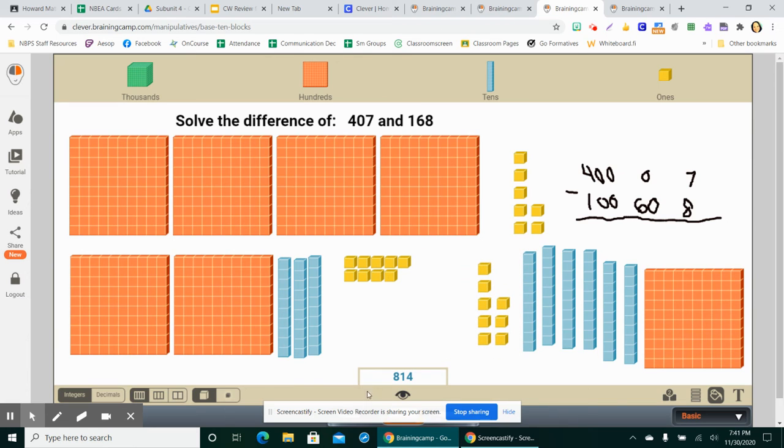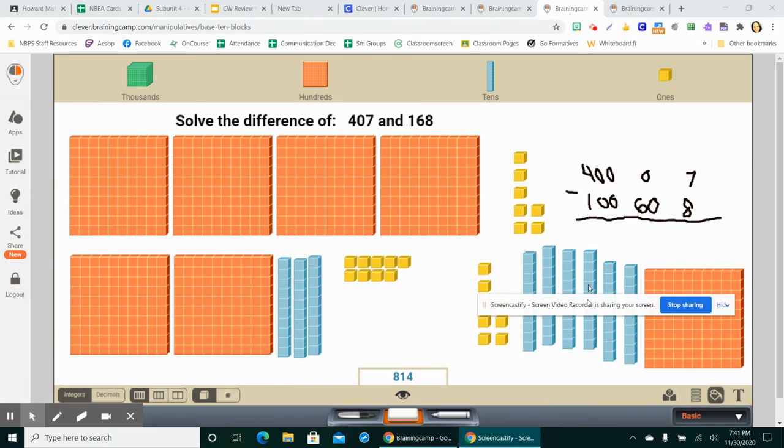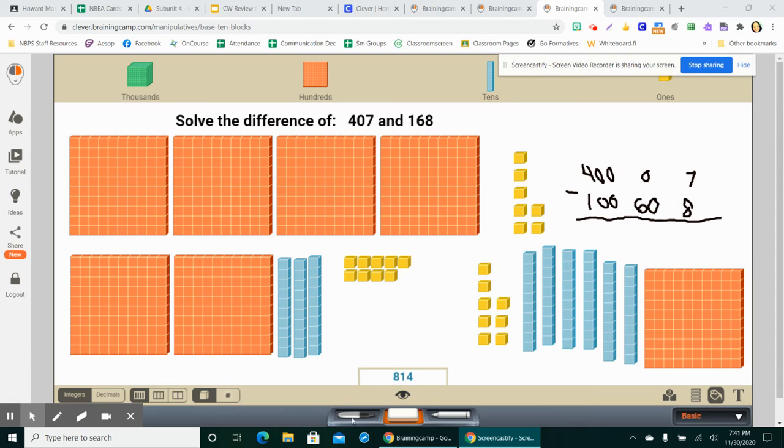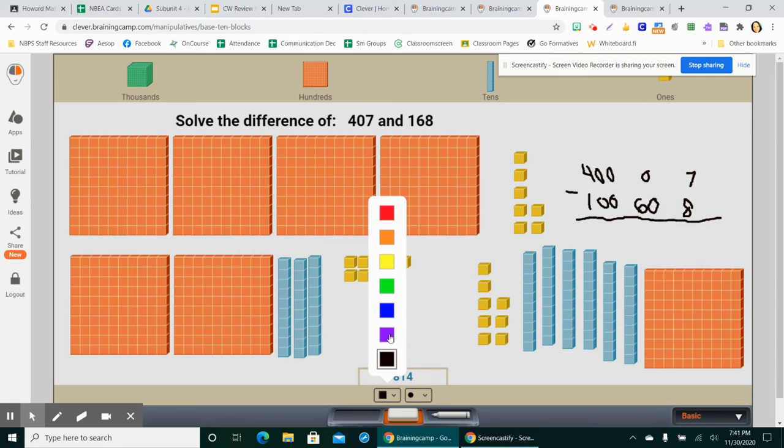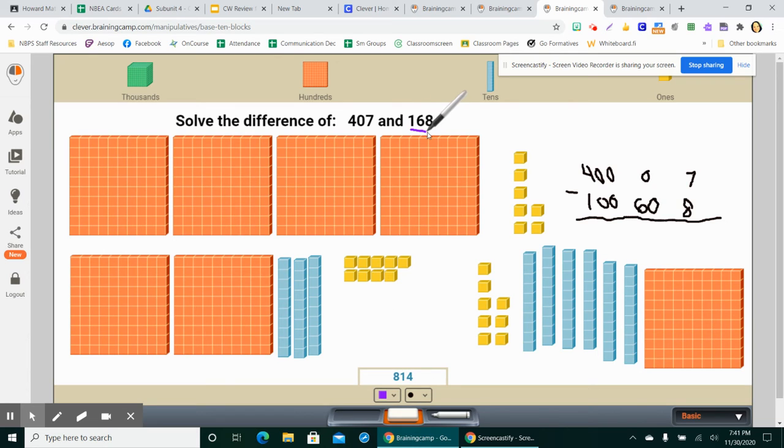And now I'm going to use my pen once I find it. And now I can take away my 168. So this is my 100 I'm taking away. This is my 60.